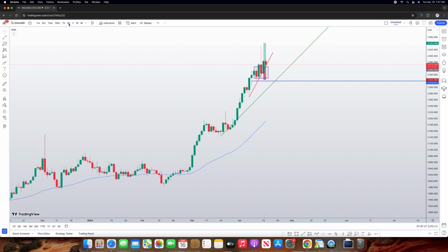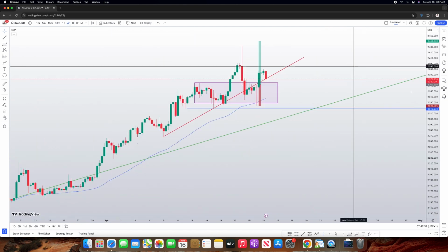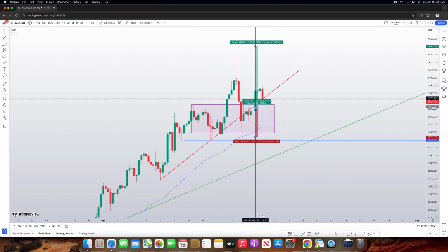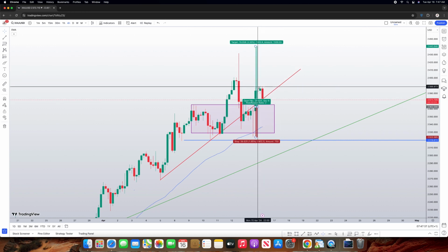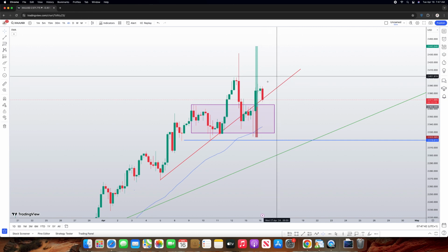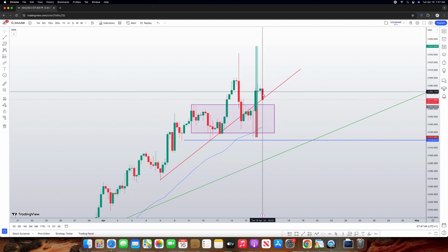But this is the 4 hours time frame. On this 4 hours time frame, it went up yesterday and gave us profit, almost getting to 1-to-1, and now it's just dropping massively.